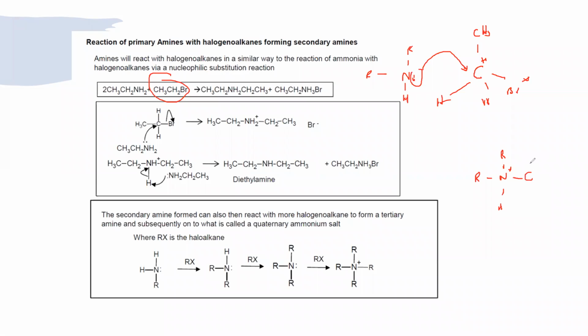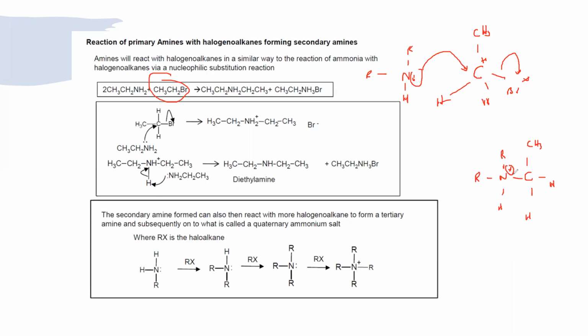As the nitrogen has completely transferred the electron to carbon, nitrogen will get a positive charge, and there are H, H, and Br. Then, because bromine will take both of the electrons, bromine will go out, and there's a bond between carbon and nitrogen, but nitrogen has a positive charge.